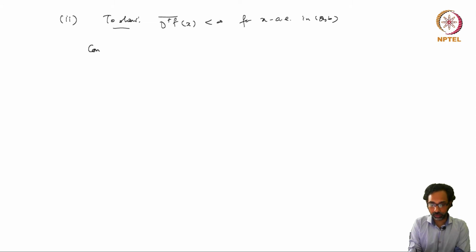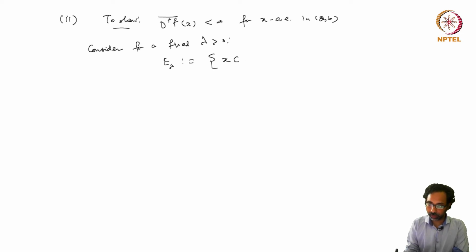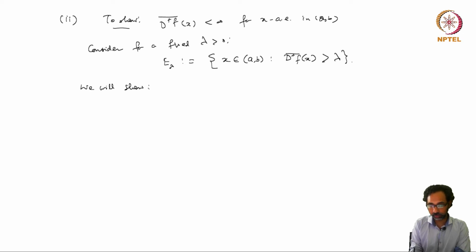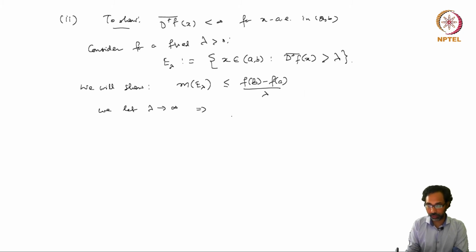And to show this, consider for a fixed lambda positive, the set E lambda defined as the set of all x in (a,b) such that D plus f upper bar (x) is greater than lambda, and we will show that the Lebesgue measure of E lambda is less than or equal to f(b) minus f(a) over lambda.